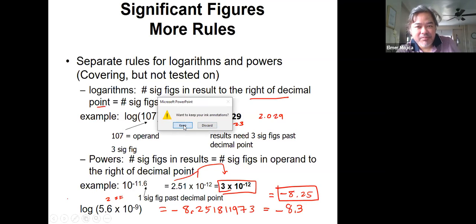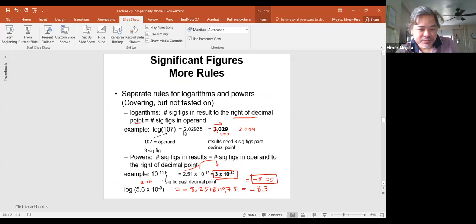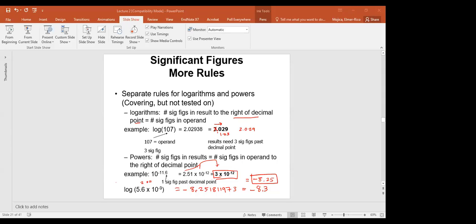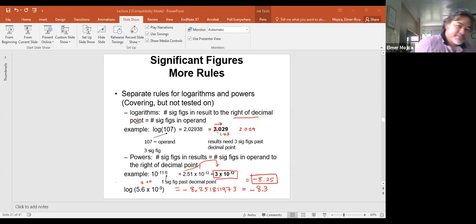Any questions so far, before we continue on the errors?